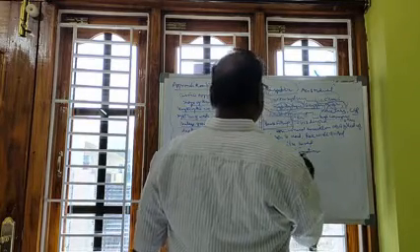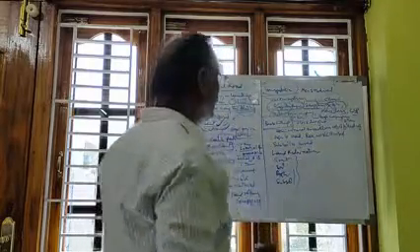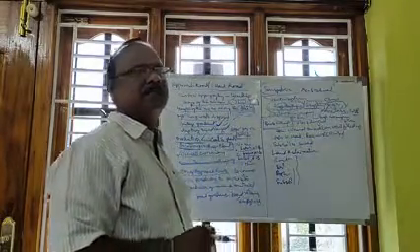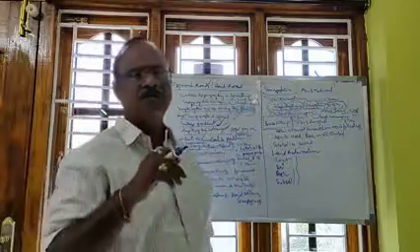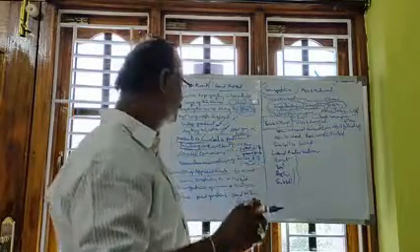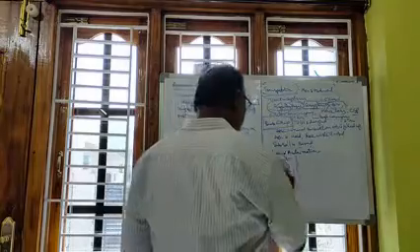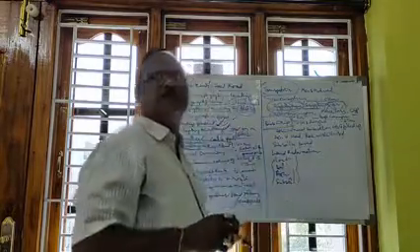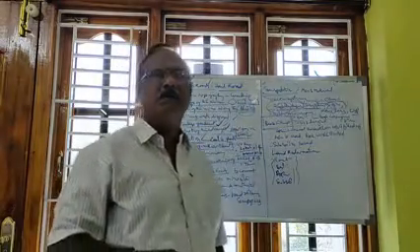This subsoil is used for agriculture, for farming, for growing vegetation. So this is the sequence we follow for the OB material.